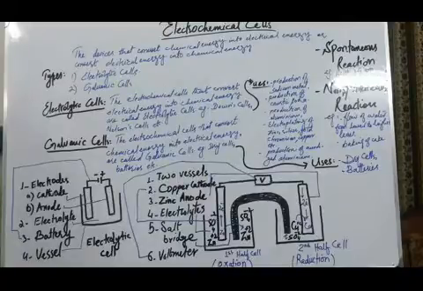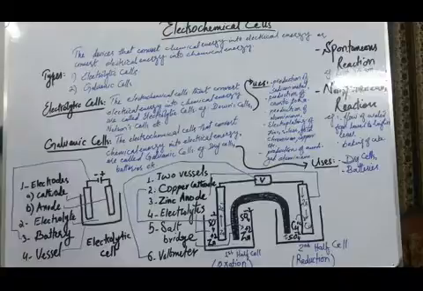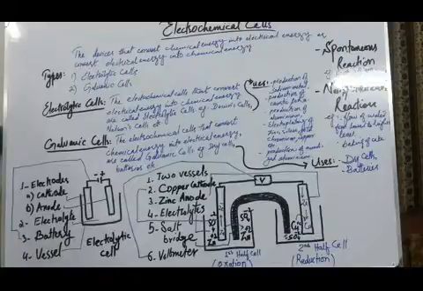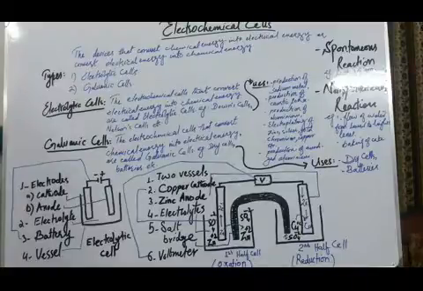When the electrode is connected to the positive terminal of the battery, that electrode is called the anode. So what happens when these electrodes are dipped in the solution and connected with the EMF source such as a battery? The chemical substance which is the electrolyte in the container changes into ions.